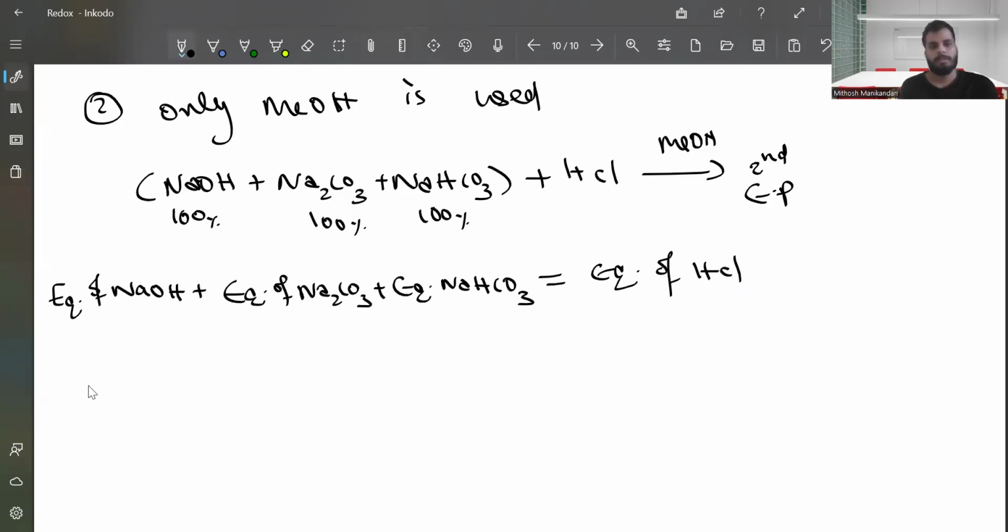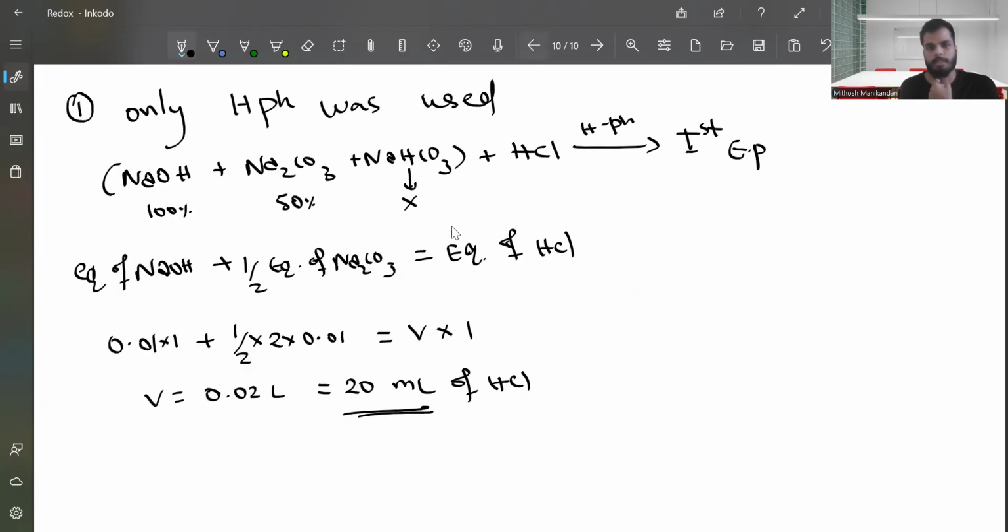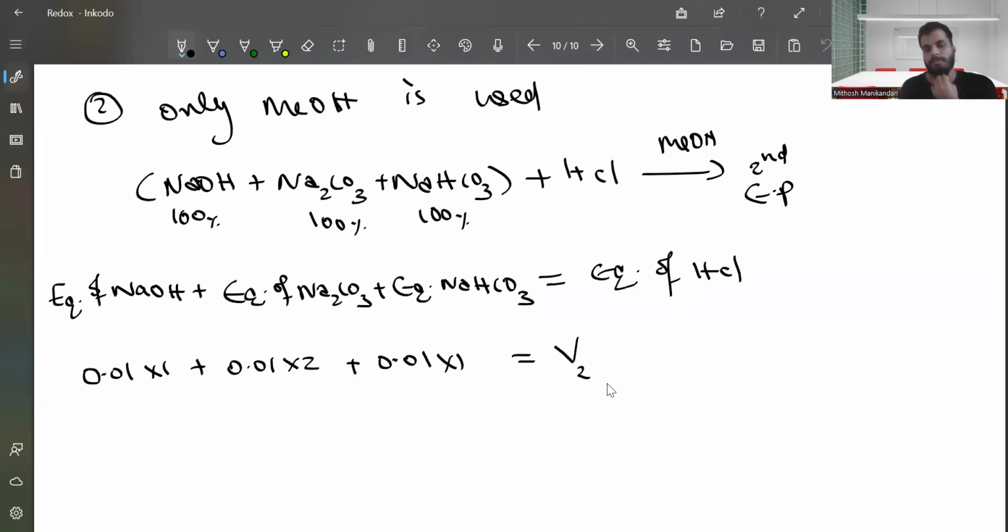So we already know this: 0.01 multiplied by 1, plus 0.01 multiplied by 2, 100% with n factor 2, plus NaHCO3 0.01 multiplied by 1, should be equal to volume V2, since this is the second equivalence point, multiplied by 1.